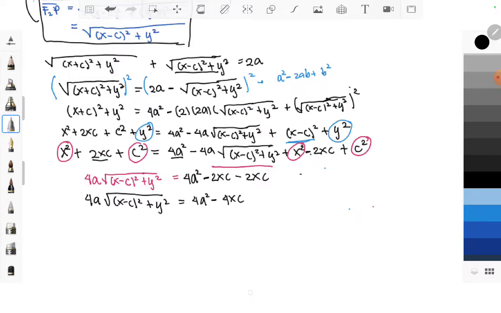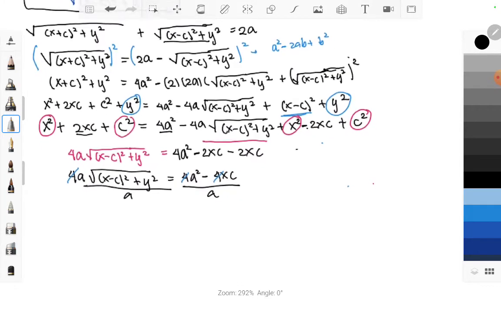What you notice is we have 4, in which we can factor out 4 from either side of the equation, and 4 divided by 4 is equal to 1, right? And also I will re-simplify my equation, wherein I would divide both sides of the equation by a.